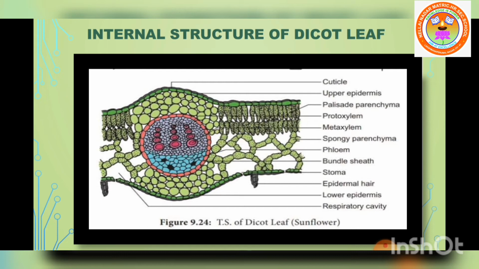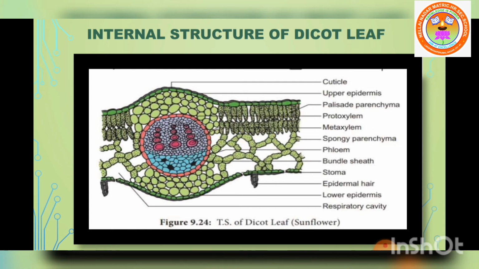Palisade cells contain more chloroplasts, spongy cells contain fewer. For palisade parenchyma cells, the major function is photosynthesis; for spongy cells, the major function is gaseous exchange. So these are all the differences between palisade and spongy parenchyma. This is about the mesophyll of dicot leaf.